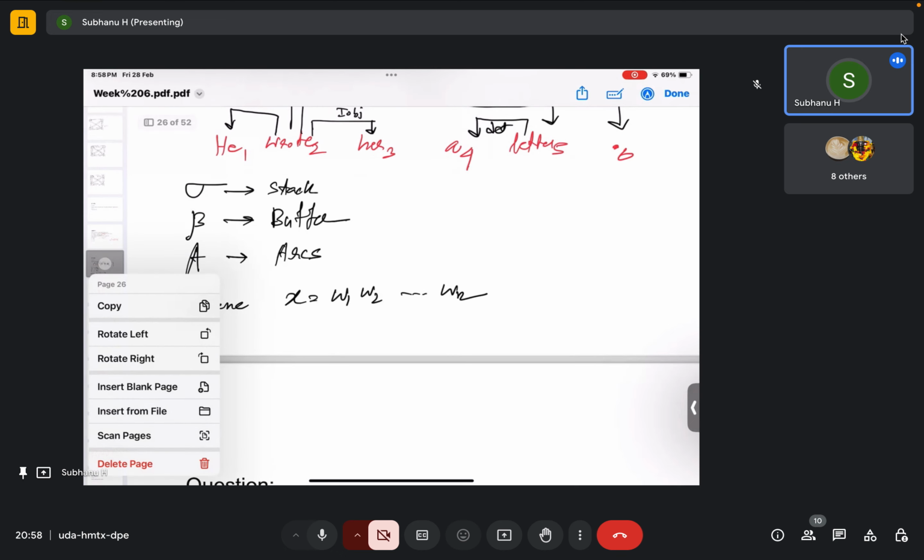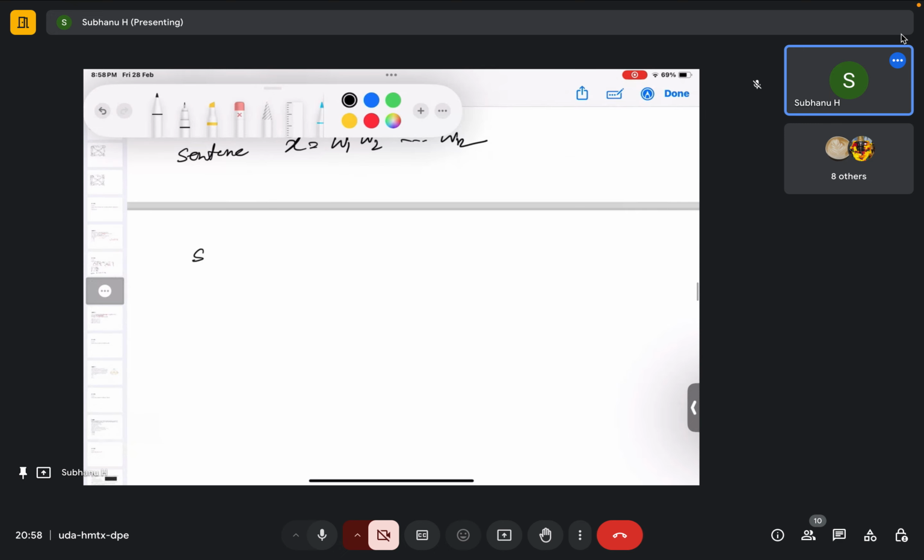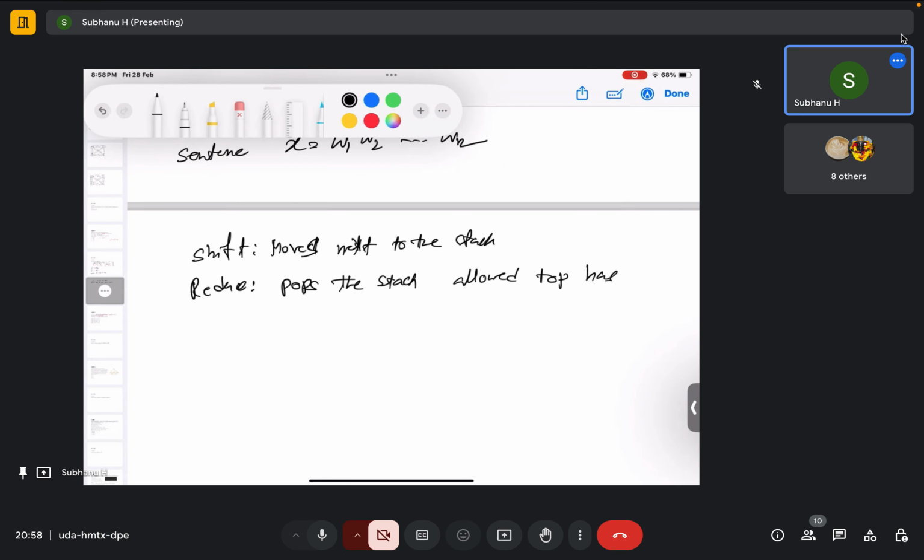Shift moves next to the stack. Reduce pops the stack, allowed only if top has a head. Then we have right arc. What is the right arc?